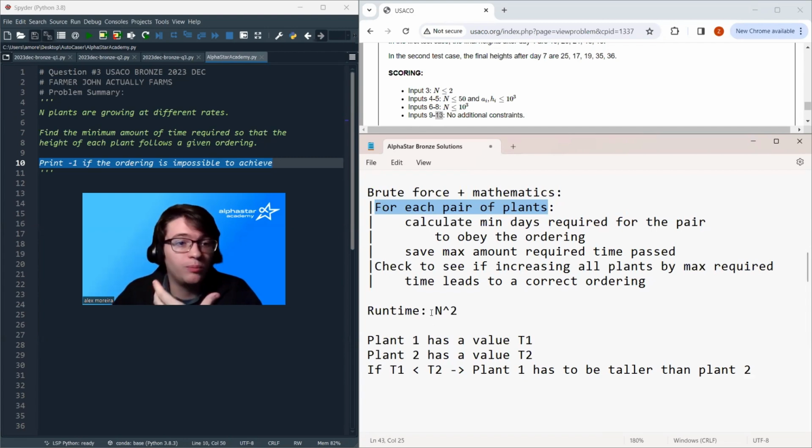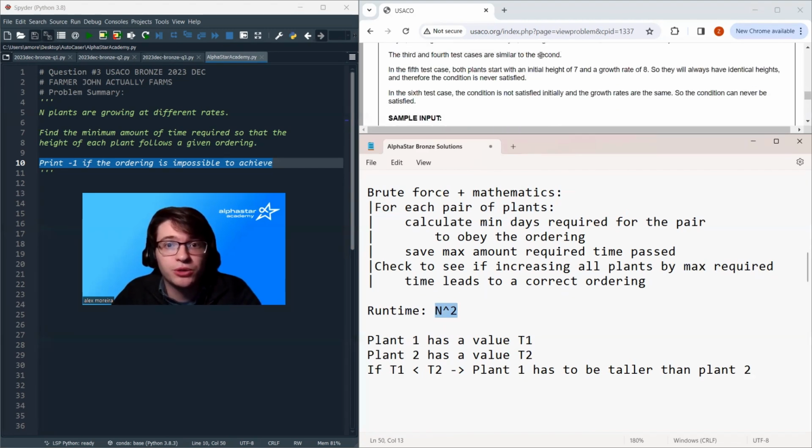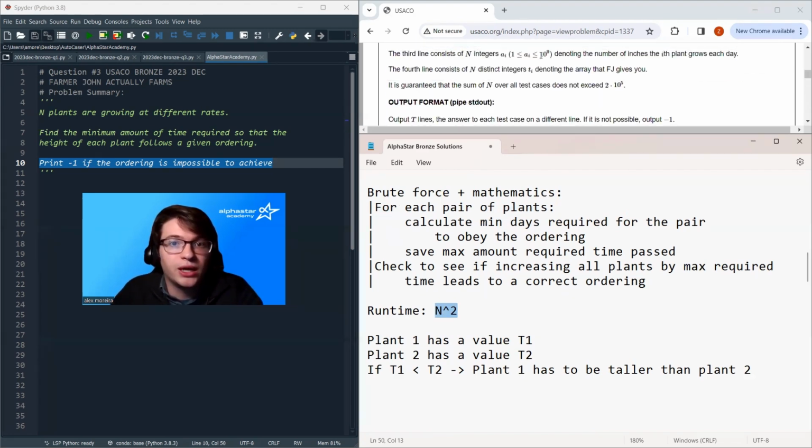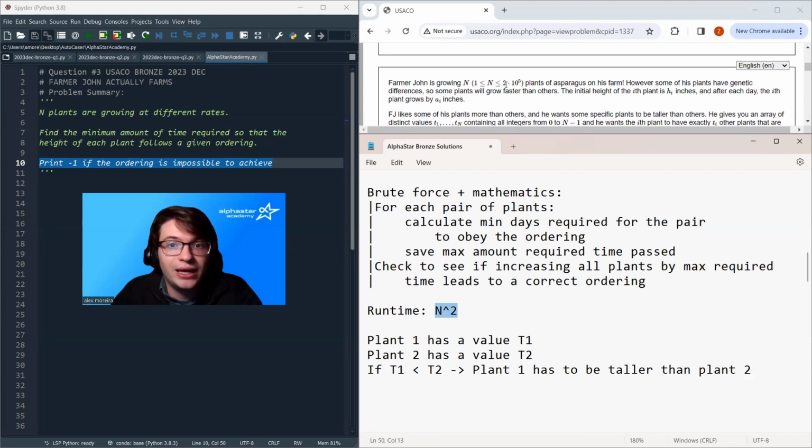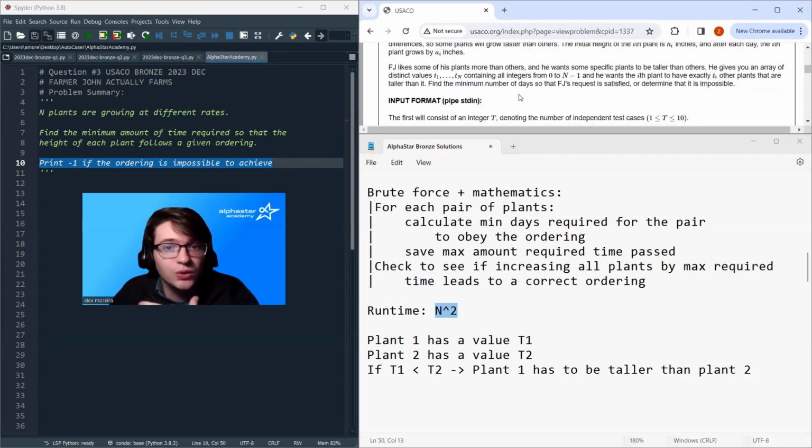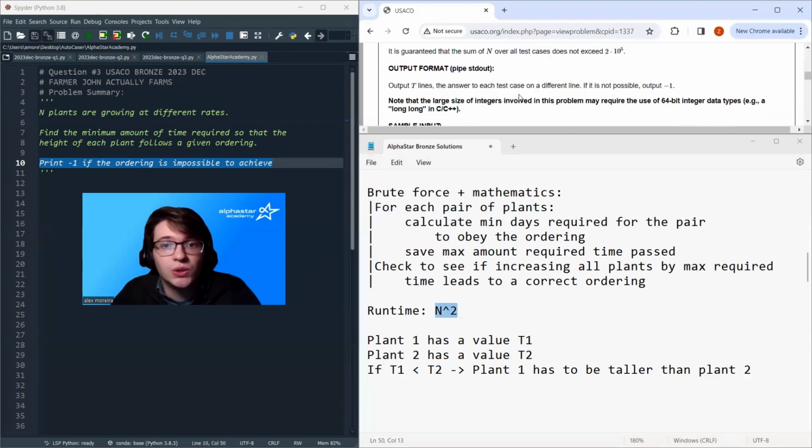If I loop over all pairs of plants, then I'm thinking about n choose 2, or approximately an n squared runtime. And that's still a little bit too slow for this particular problem, because once again, n goes up to 200,000. So 200,000 squared, that's 4 billion, which is much greater than the 500 million operations that you generally get in a USACO question, right?